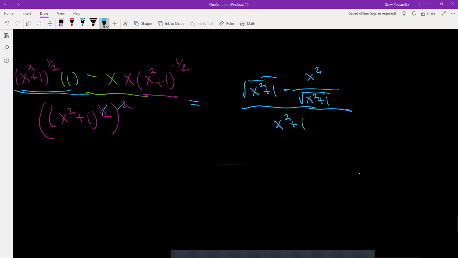So right now we have y prime equal to the square root of x squared plus 1, and then minus x squared over the square root of x squared plus 1. I'm going to combine the numerator into one fraction, so let me focus first on the numerator.